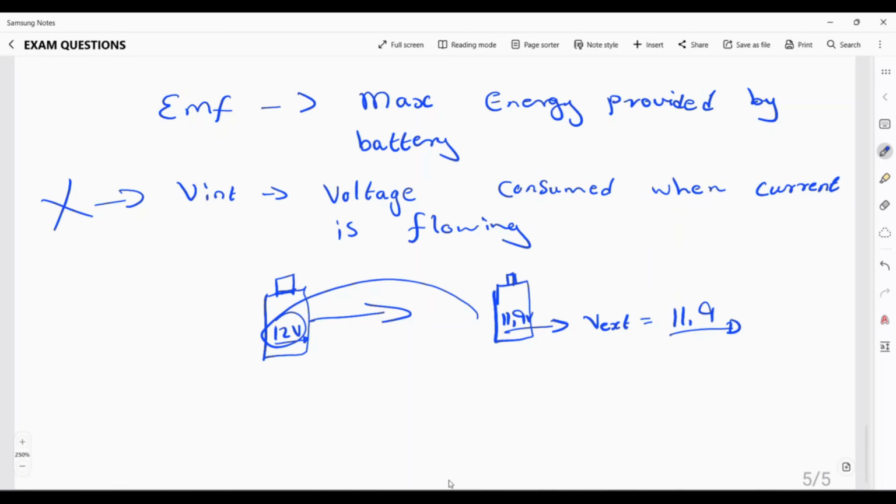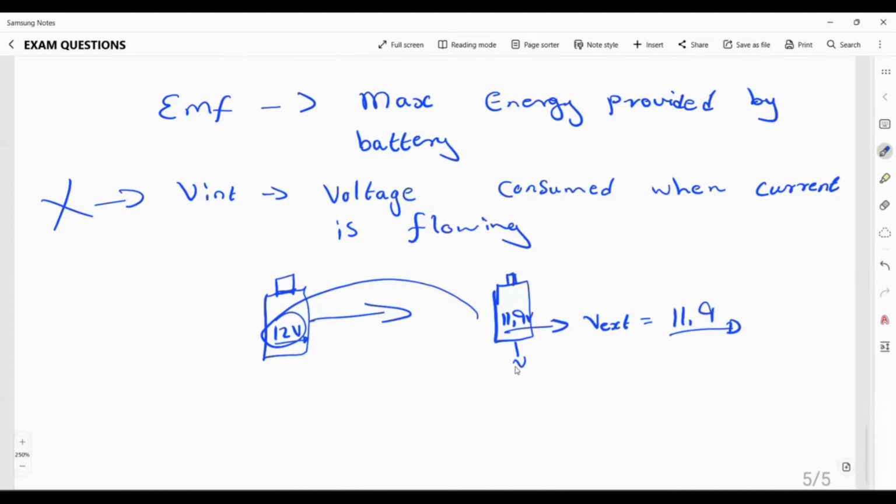That is the voltage taken by the battery itself. Inside the battery itself, there is a resistance which we call the internal resistance. Internal means inside. And you know that a resistance has a certain amount of voltage.